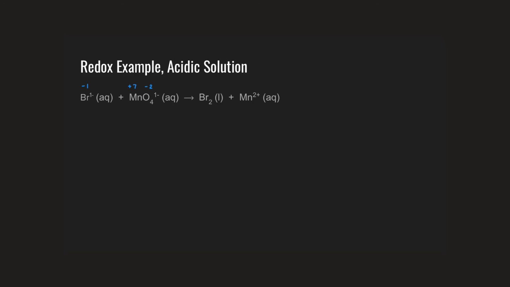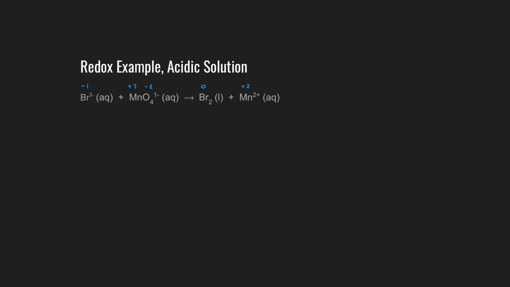So 4 -2s plus 7 gives me the -1 overall charge. Elemental bromine on the right side, every element in its native state has an oxidation number of 0, so we can assign that there. And then another monoatomic ion, easy on the right side, the manganese 2 ion has an oxidation number equal to its charge of +2. So we have now assigned our oxidation numbers.